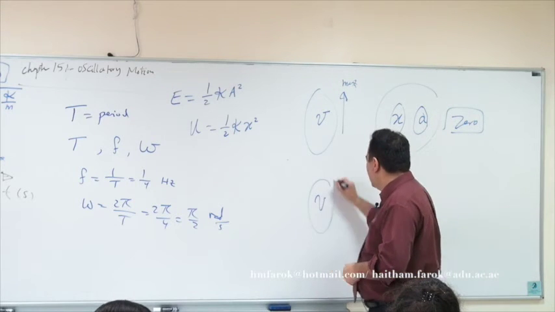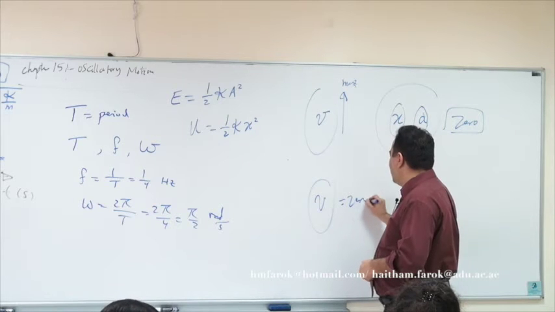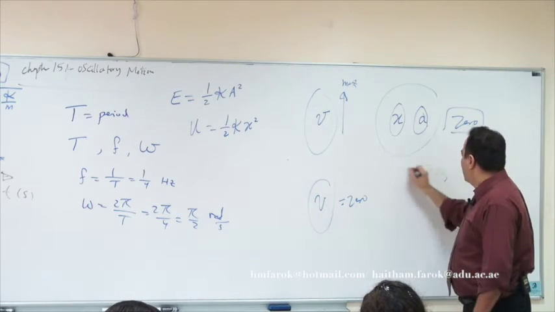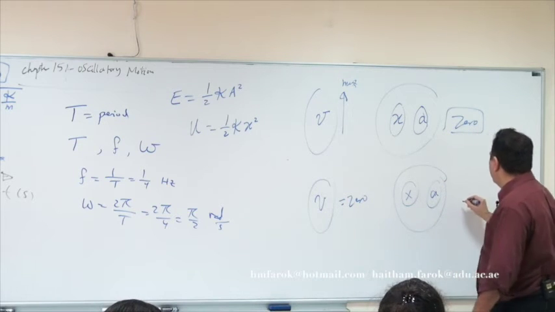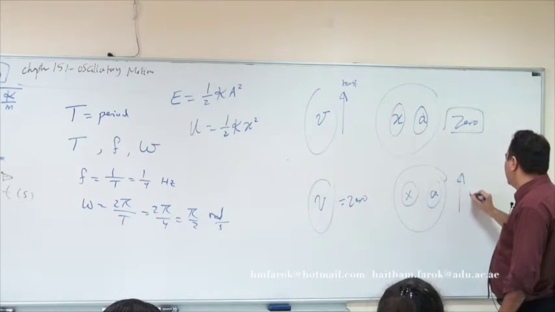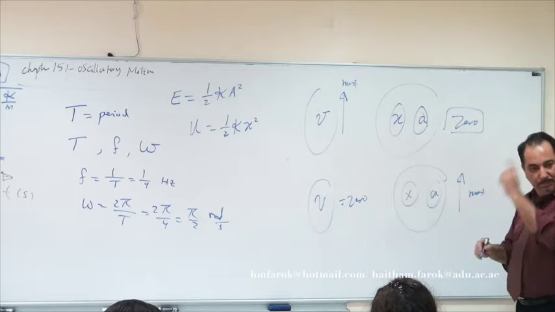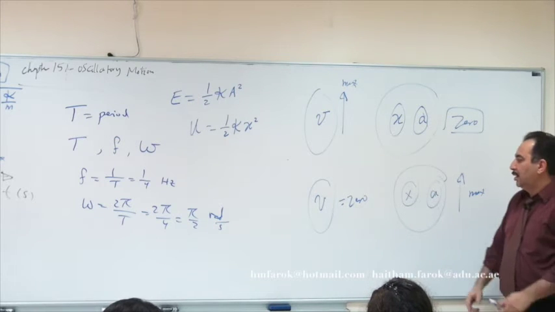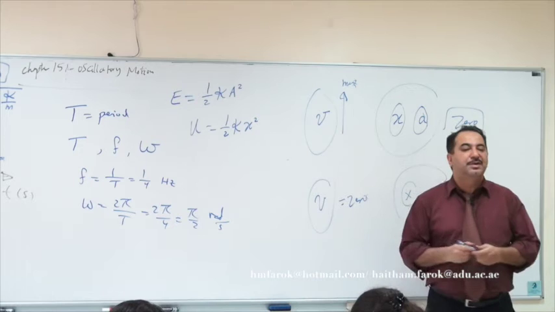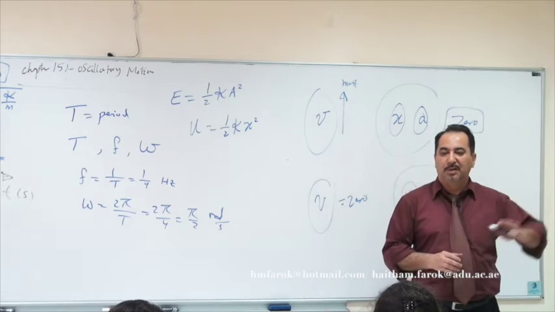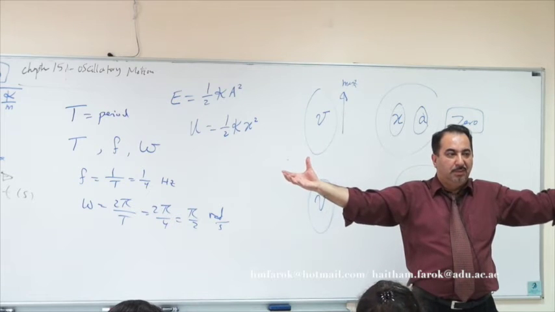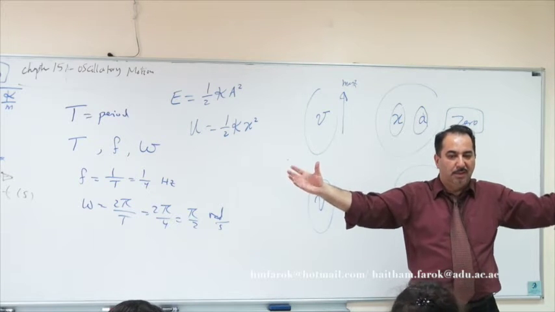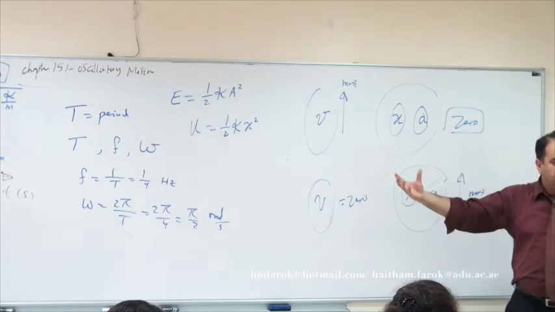Now we take the other case. V is 0, X and A both are max. When do you have velocity 0 in oscillations? Extremes. At extremes, what happens to the object? It stops, yes?